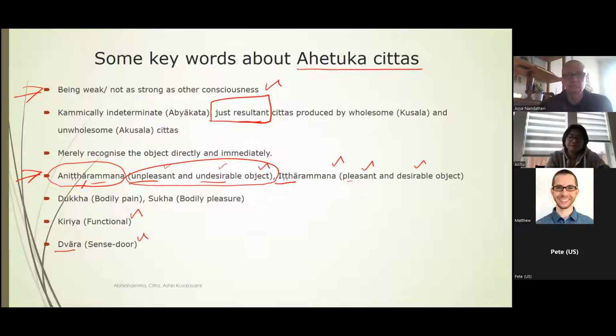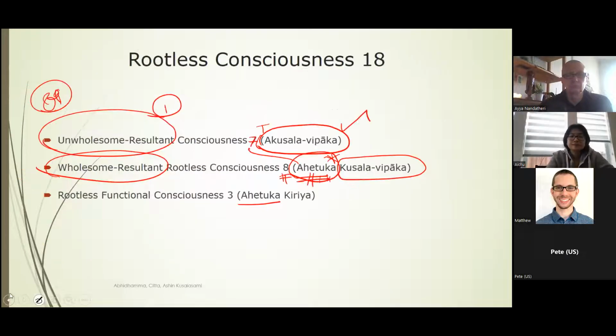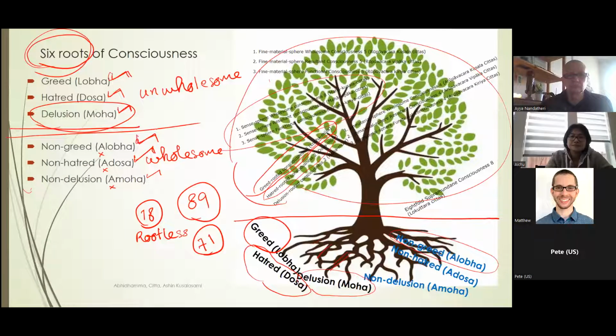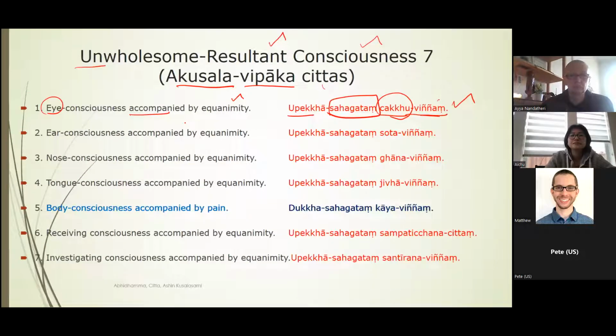That's why we call this action, this consciousness, very strong, because non-hatred and non-greed are working behind it. But here, the work of eye consciousness is only to recognize what you see, to recognize the object, nothing more.